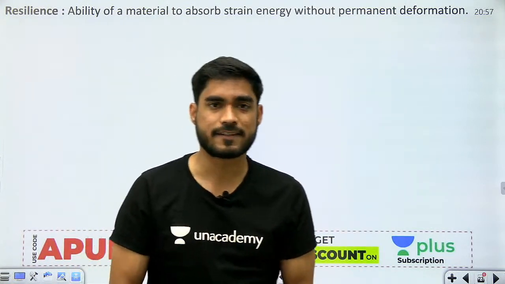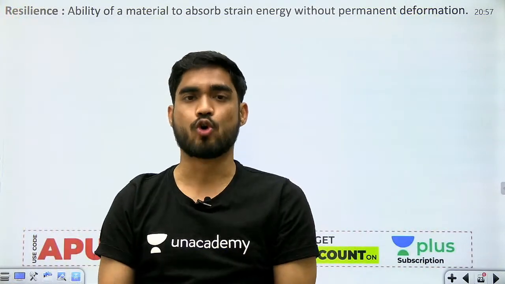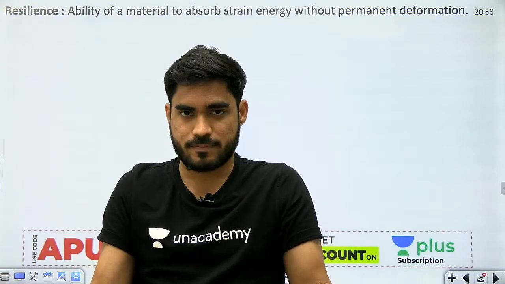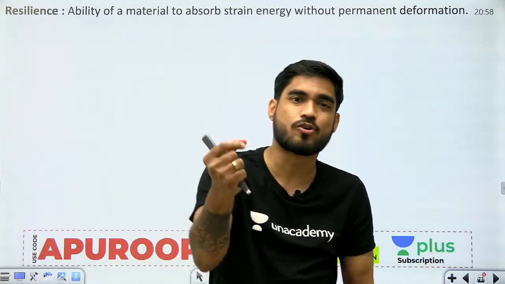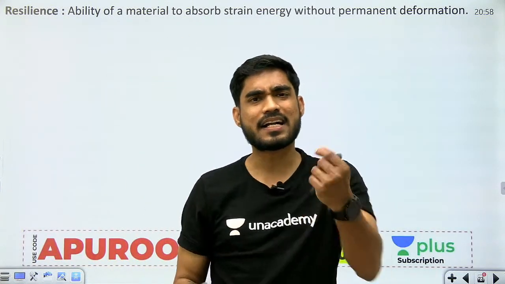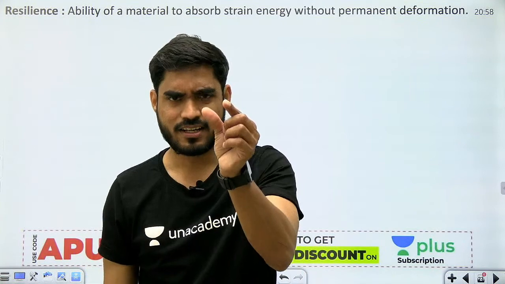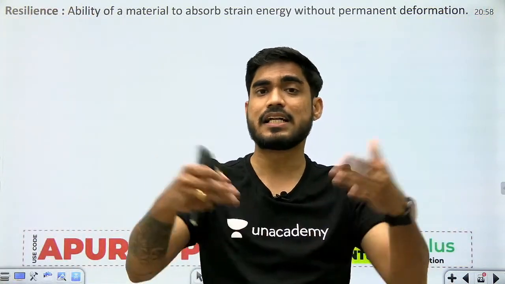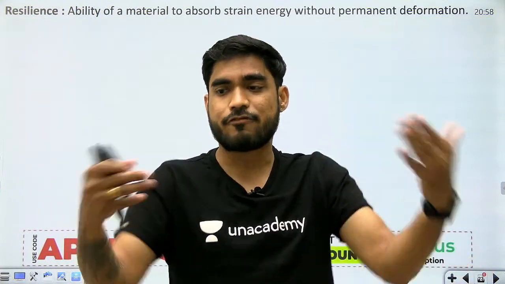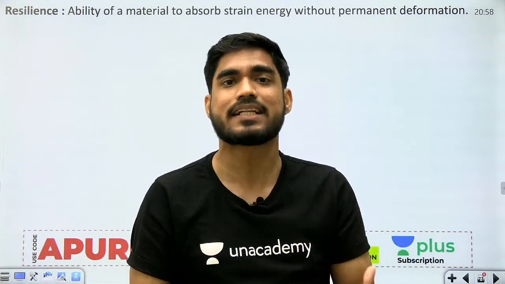What do I mean by strain energy? Strain energy means when you apply the load, the material deforms. So the energy absorbed due to this deformation is known as strain energy. Understand the word beta, strain. It is the energy due to strain. When I apply the load, the material deforms, so due to this deformation there is some energy inside the material.